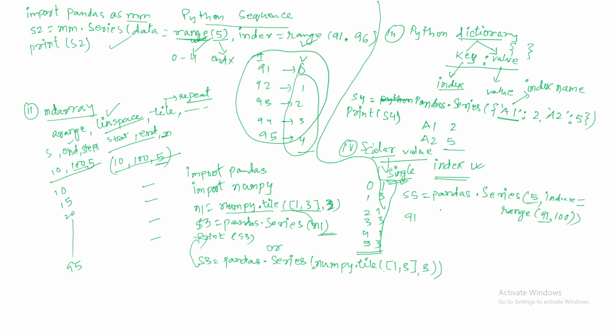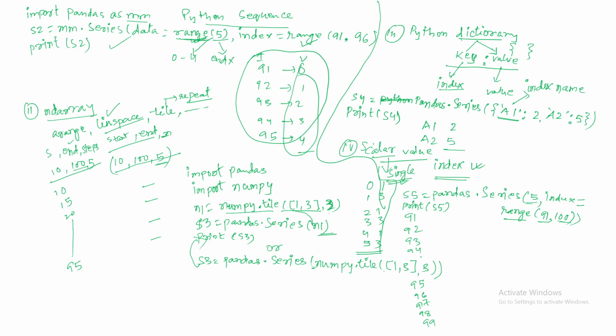So what will the output be? Print command, print S5. Then first you will write the index: 91, 92, 93, 94, 95, 96. Range function we are using, so till 99; 100, the last value, will not be accepted. 96, 97, 98, then 99.